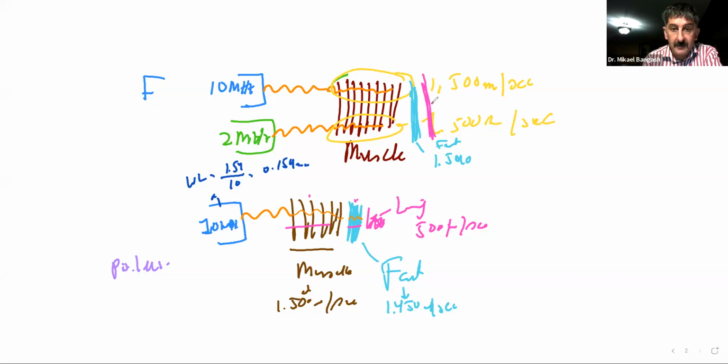But that's not because of the frequency of these transducers. It's because it's going to be a different tissue. So the speed will remain the same in lung, whether it was a sound produced by a 10 megahertz or a 2 megahertz transducer.